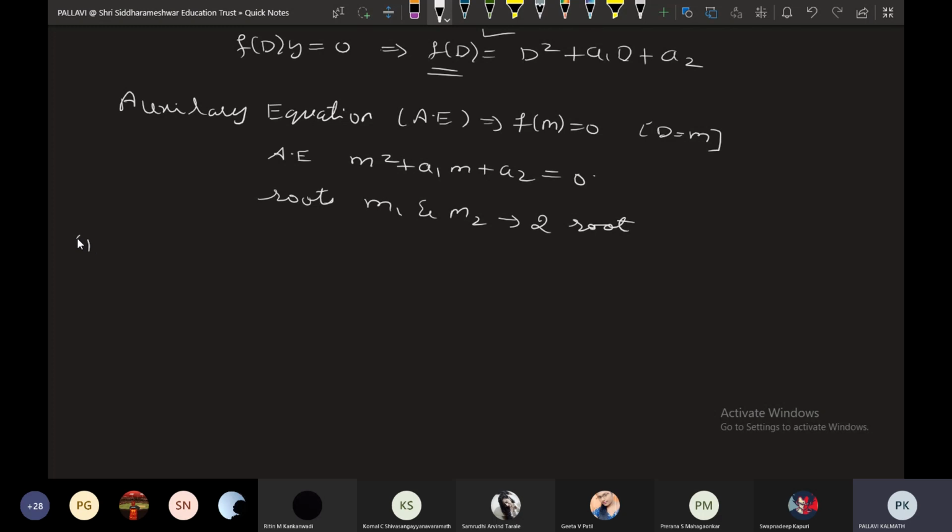You are going to study three types of roots. The first type of roots are real and distinct. Can anybody tell me what is the meaning of distinct?